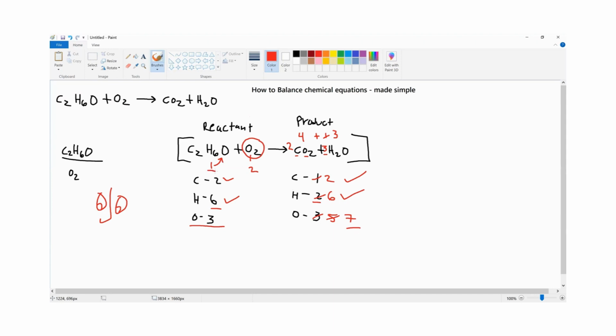And remember, we have 1 here and 2 here. So if you think about it this way, what do we need here to make this true? Correct. 3. And what's that going to do for us? Well, we added 3 here. That's 6. 6 plus 1, 7. This is balanced.